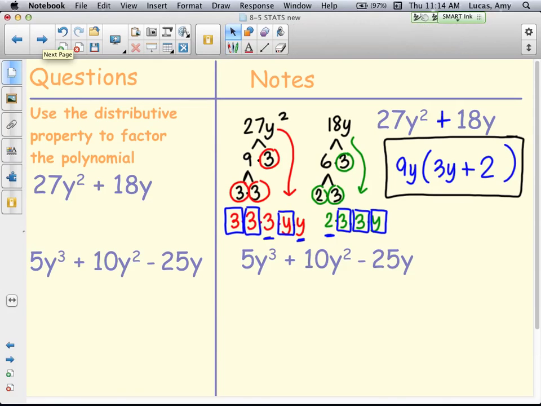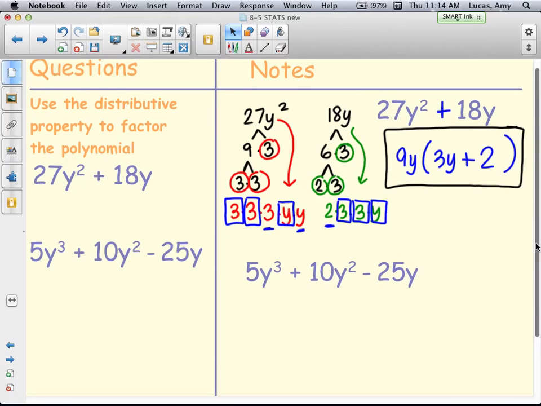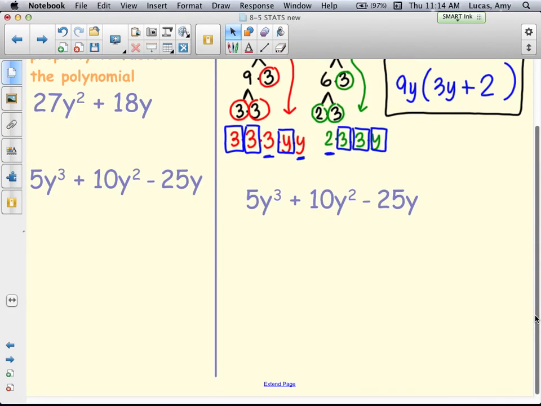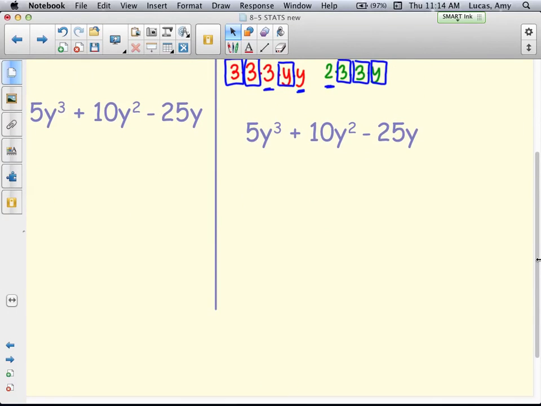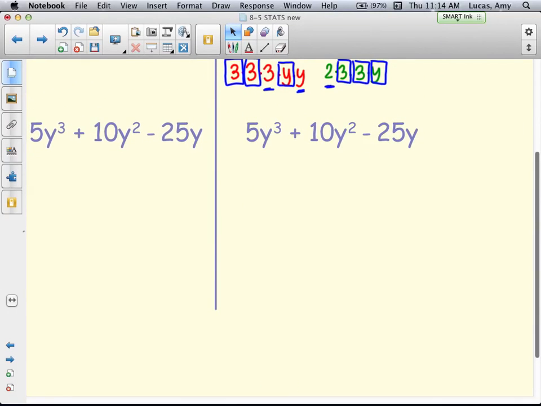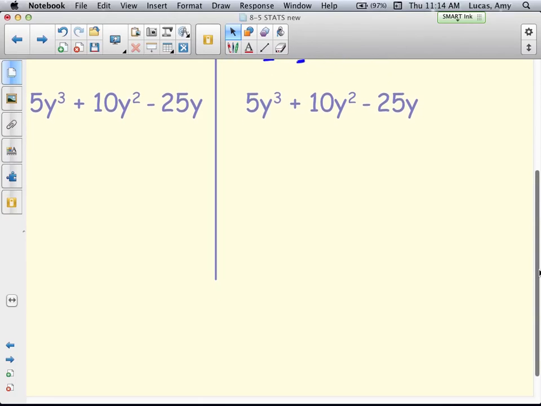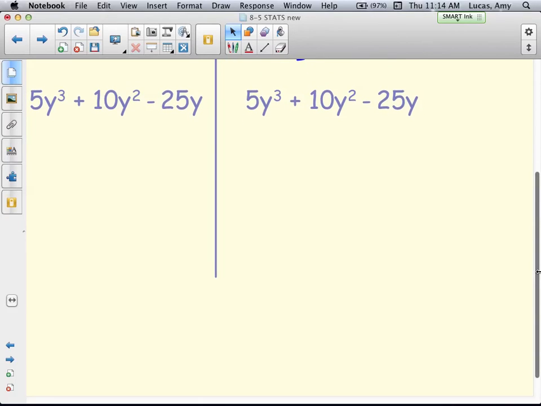My next one is a trinomial. With this trinomial, I have 5y to the third power plus 10y squared minus 25y. So I'm going to factor each one of these. 5 happens to be a prime number, so there's nothing I can do with it.